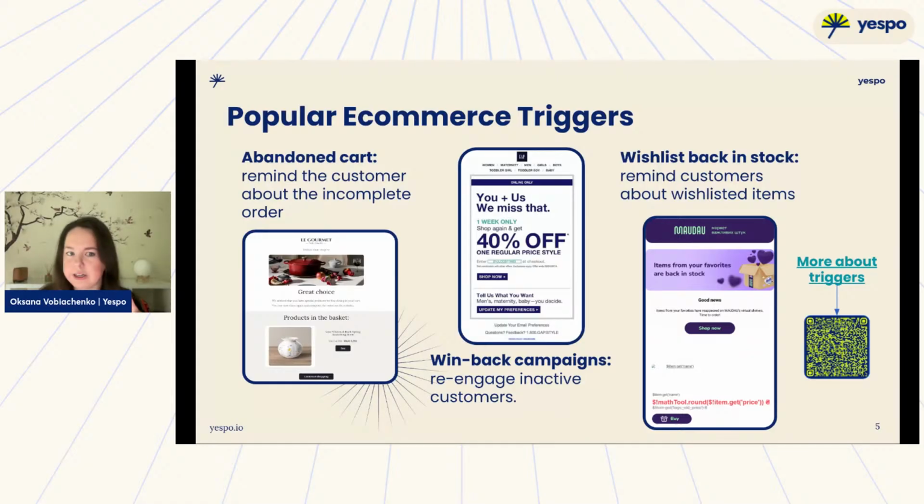They cover three key situations: unfinished purchase intent, lost attention, and deferred demand. On the right part of the slide, you can find a QR code with our top-performing triggered campaigns, with our own statistics and real case studies. You can scan the QR code and visit our website to learn more.